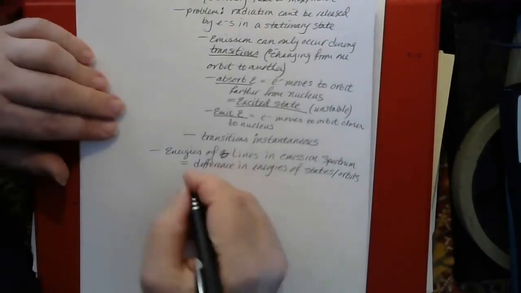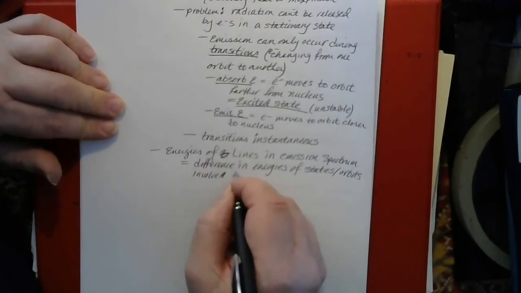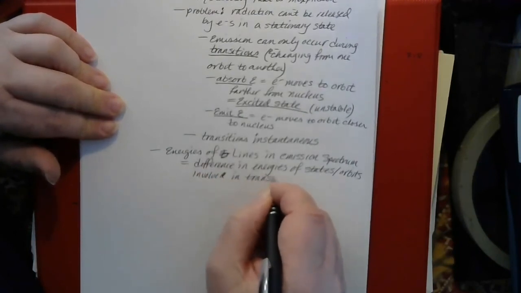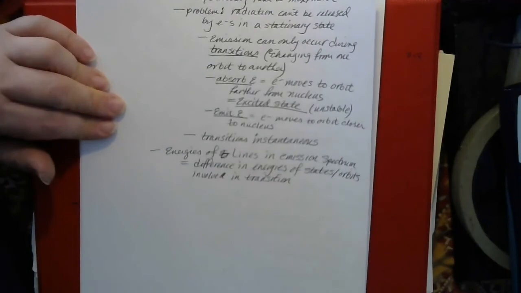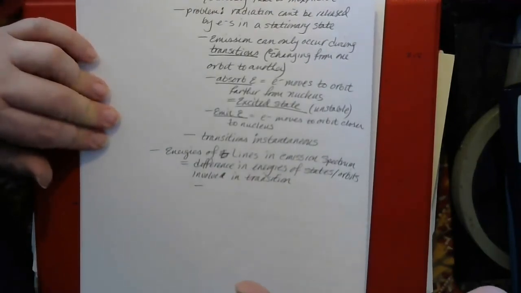Okay, so lower energy just means that the orbits are closer together.